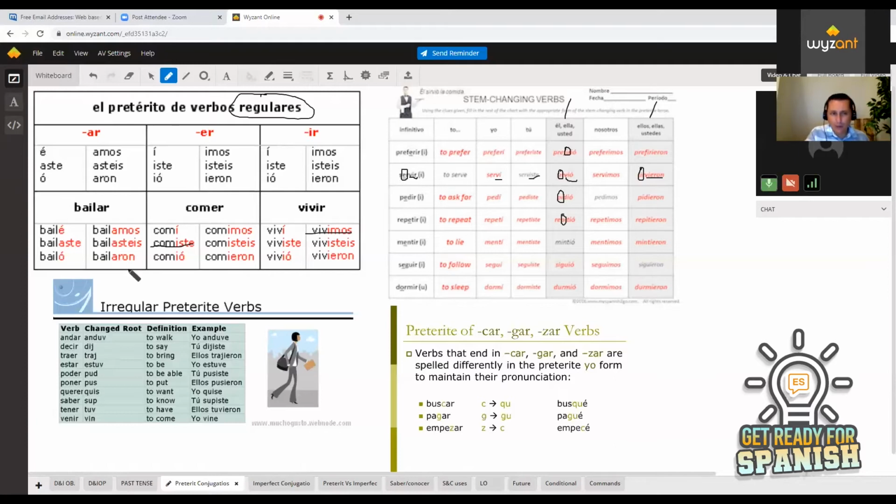Now we have irregular verbs. They are called irregular because they don't follow these rules. They don't follow these endings. They do whatever they want. So you just need to memorize it, okay? We have a few verbs that are hard to memorize.